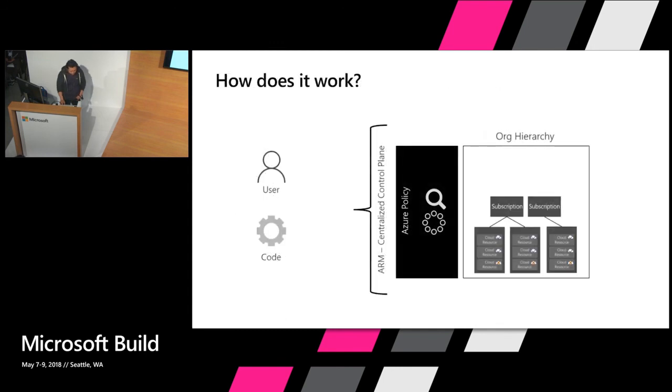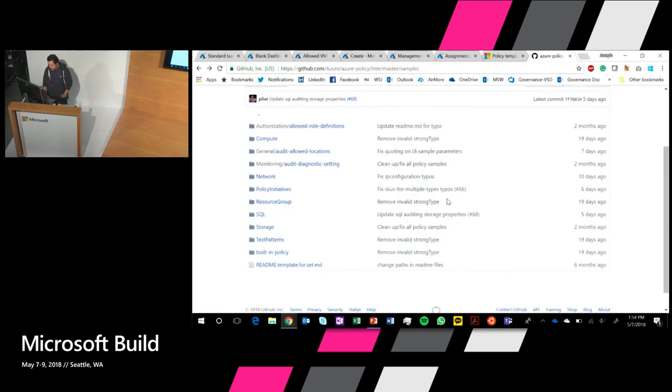So a visual illustration is that if you have many subscriptions today, without management group, you will have to apply policies individually against all the subscriptions. Now with management group, you only need to apply it once at the top. Okay. Now let me give you a quick view of what that looks like in the portal.